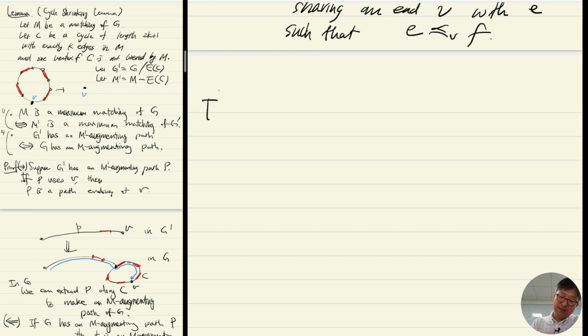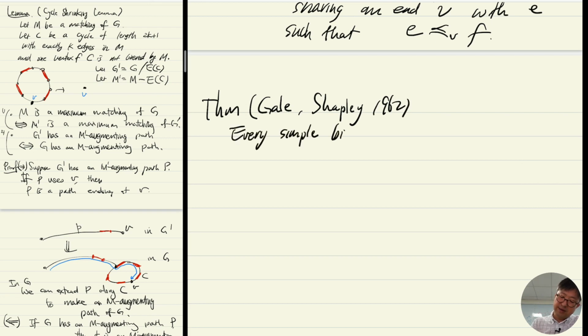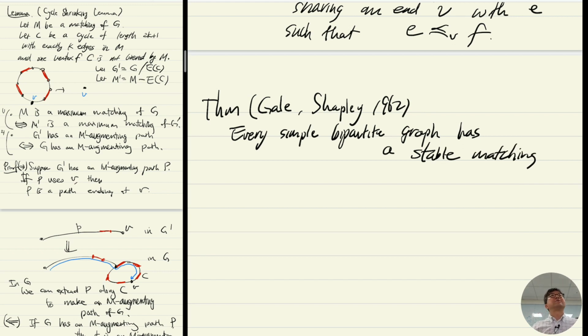Now here's the theorem due to Gale and Shapley, in 1962, saying that every simple bipartite graph has a stable matching.